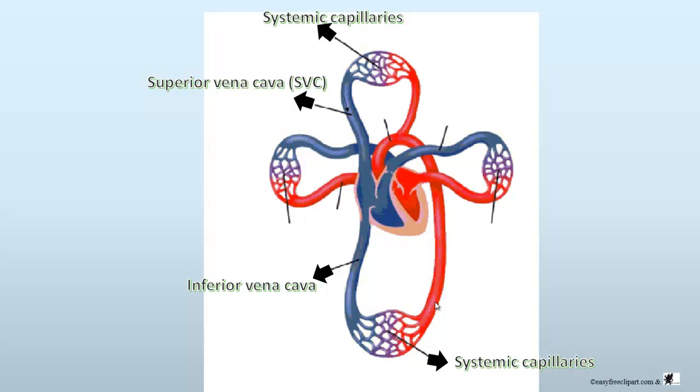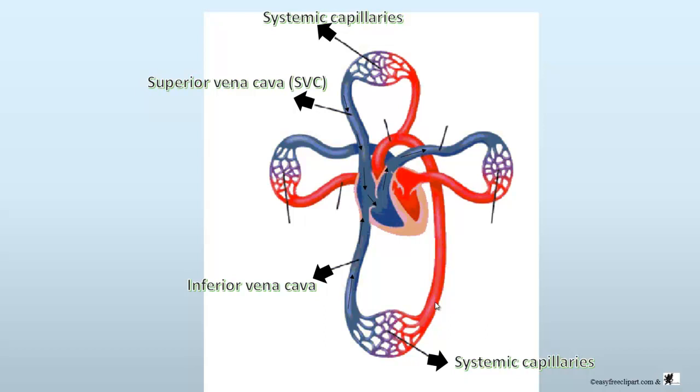And as you can tell using the arrows here, they are traveling into the right atrium. Now, this blood in the pulmonary circuit is transporting deoxygenated blood to the lungs to absorb oxygen and release the carbon dioxide. Now, the blood is going to be pumped and heading towards the lungs.